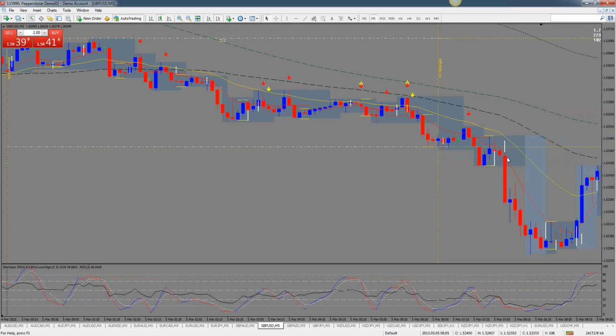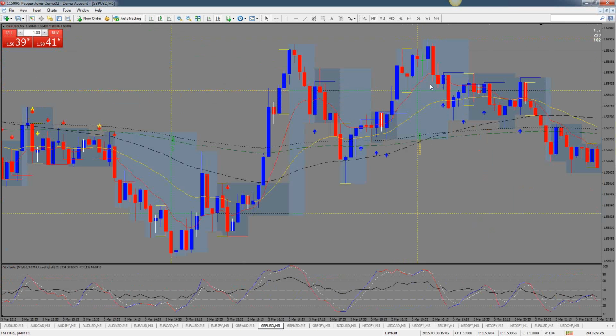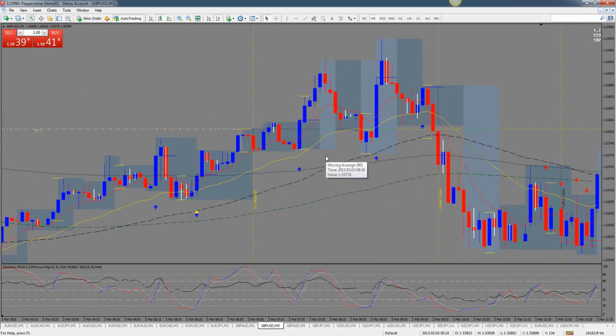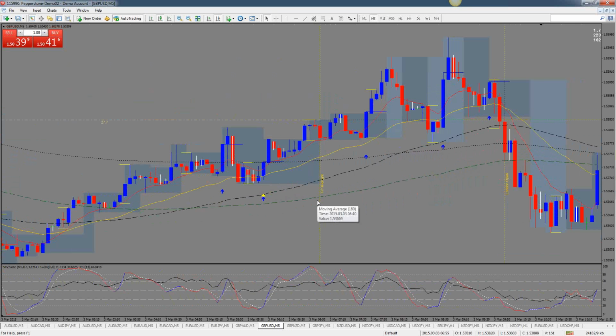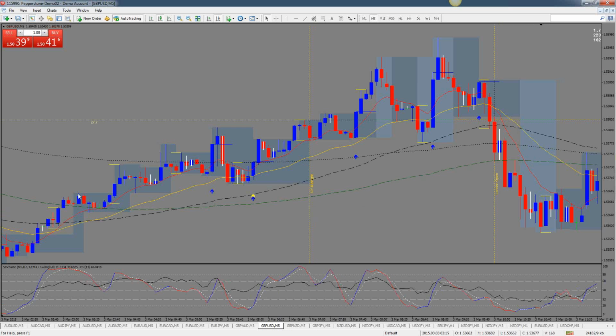All right, so we're moving forward to the time that I like to trade, which is London Open. I'm going to go to right here. All right, so I'm looking for shorts at the moment, except my moving averages are crossed over.